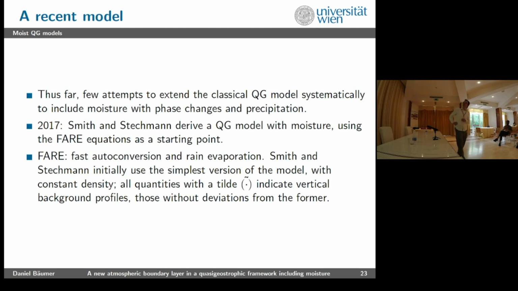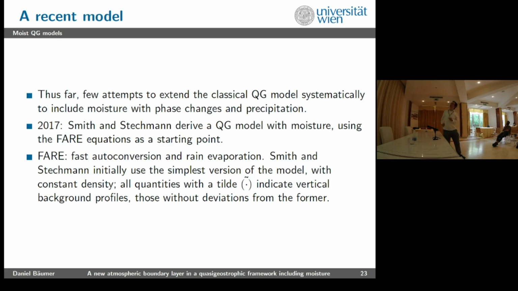And initially they used the simplest version where the density is constant, and we have vertical background profiles for all quantities that are thermodynamical, including moisture, right? And that is kind of controversial, as we will see. So, vertical background profiles are indicated by a tilde, and those without are actually just deviations from the former.